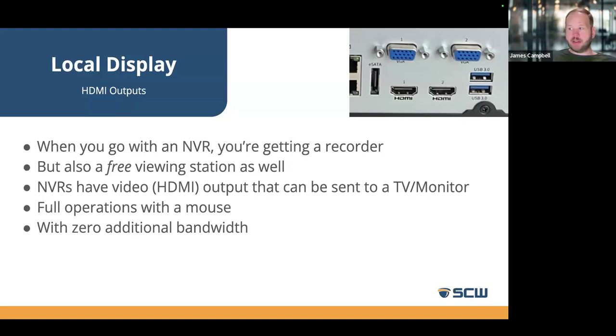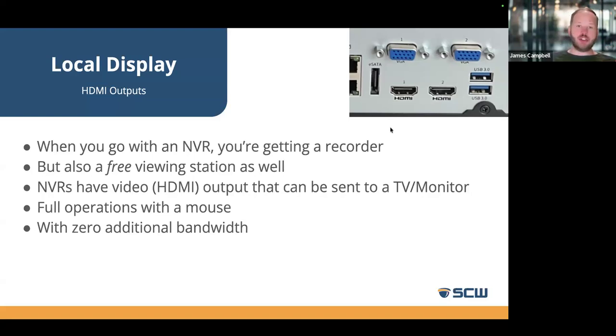One of the advantages of an NVR is that not only are you getting the recorder, the settings, and the brain of the system, but you're also getting a free viewing station when you think about it. On the NVR, we have video outputs. There's HDMI; in this case, you can see we have two HDMI and two VGA.